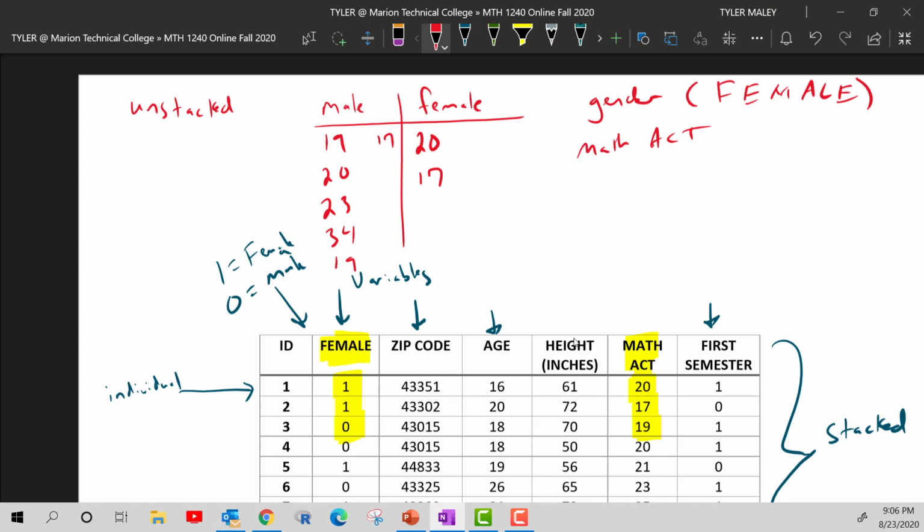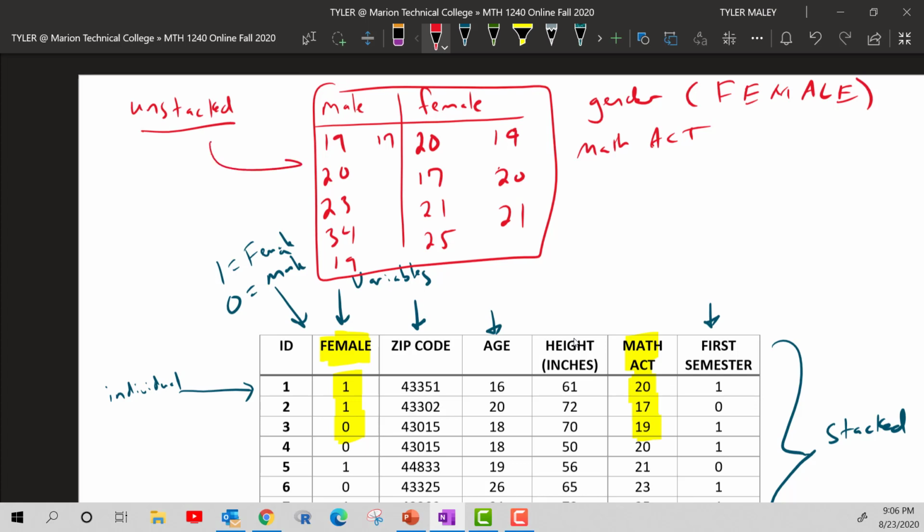For females, the ACT scores are 20, 17, 21, 25, 19, 20, 21, right? So this is unstacked format.